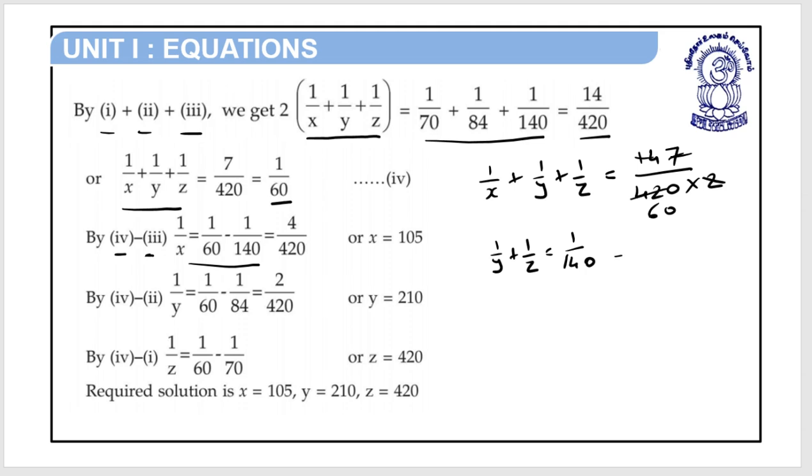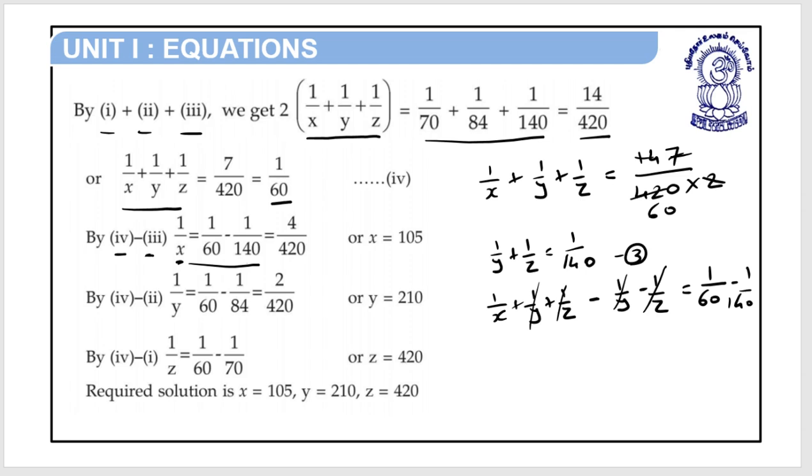Equation number 4 is 1 upon x plus 1 upon y plus 1 upon z minus 1 upon y minus 1 upon z is equal to 1 upon 60 minus 1 upon 140. So minus 1 upon y cancels, and 1 upon z minus 1 upon z cancels. So here we get 1 upon x is equal to 1 upon 60 minus 1 upon 140. So the answer is 4 upon 420.